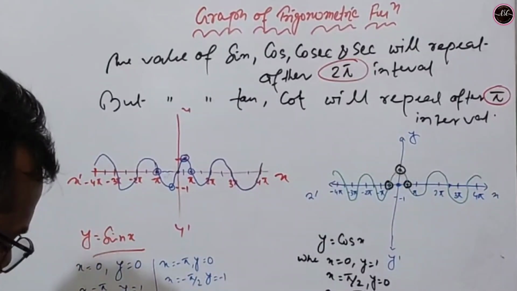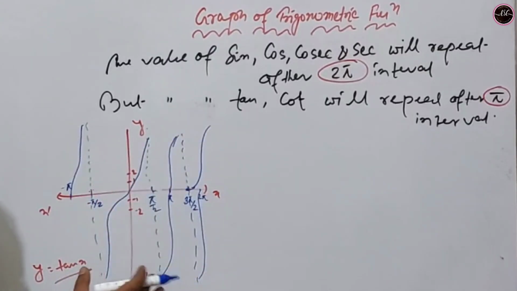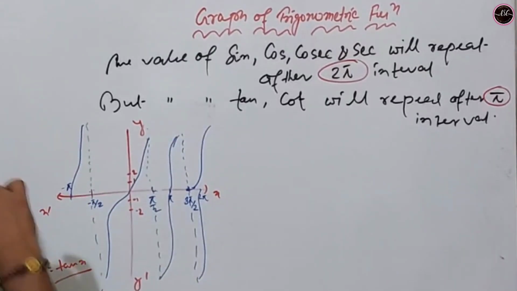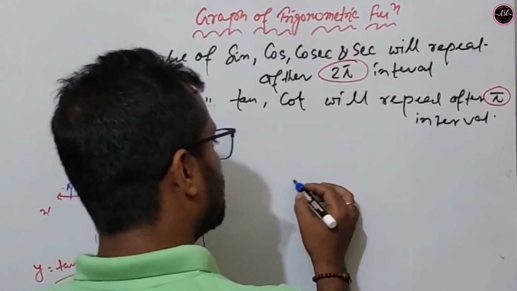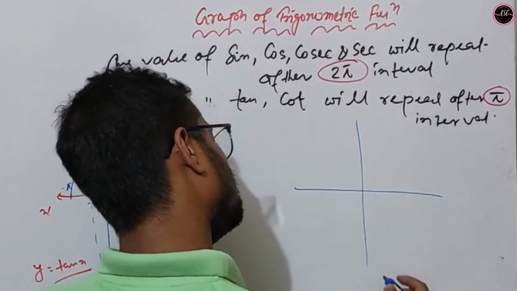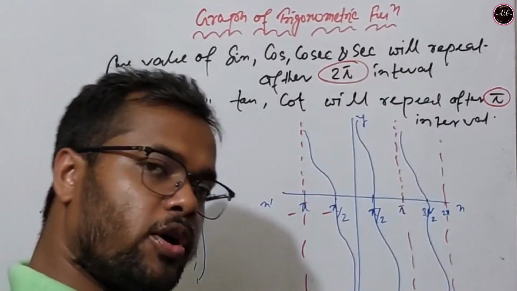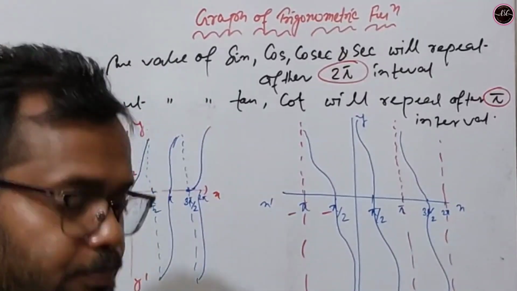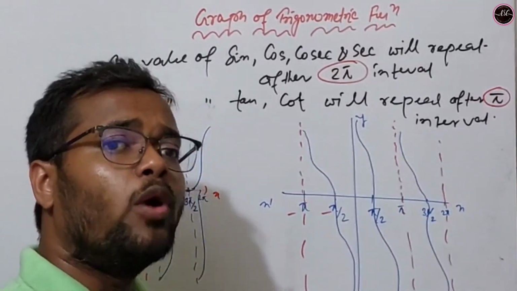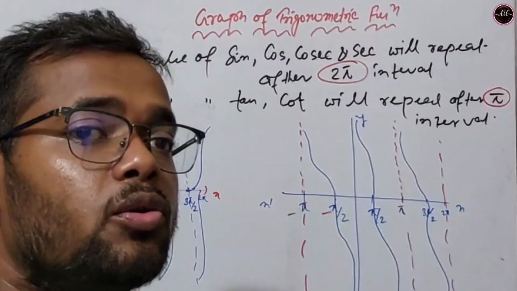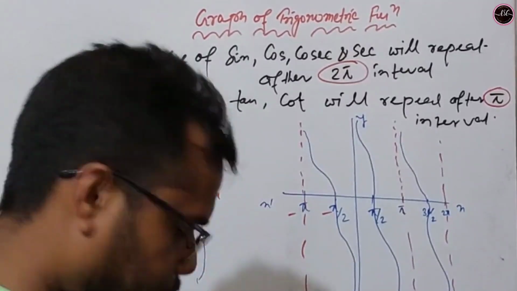Okay. So for y is equal to tan x, the graph will be this type. Okay. And for y equal to cot x, just opposite of tan x. Similarly, we can draw the graph of y is equal to cosec x and y equal to sec x. This is your homework.